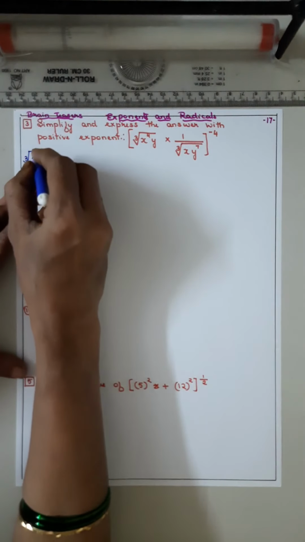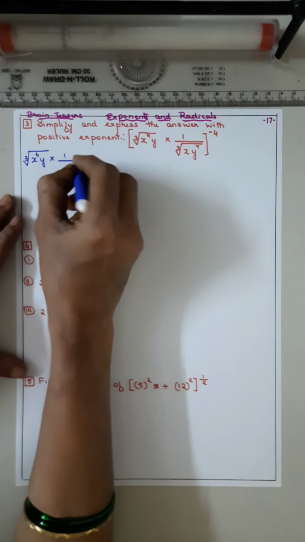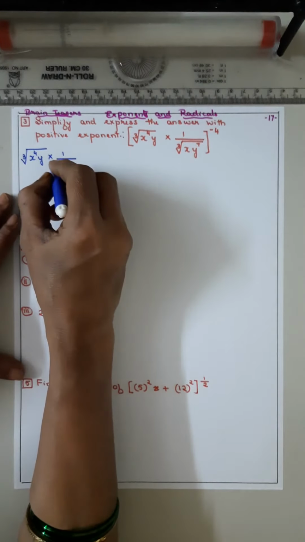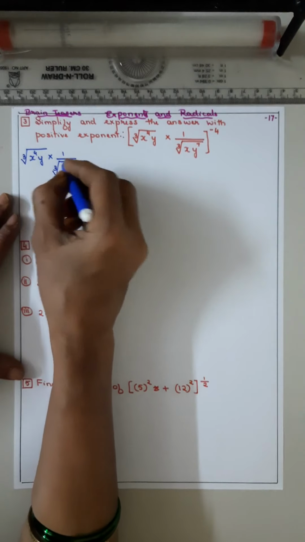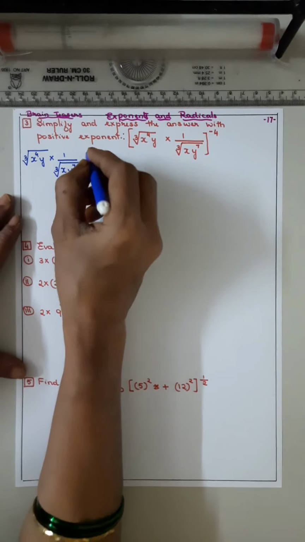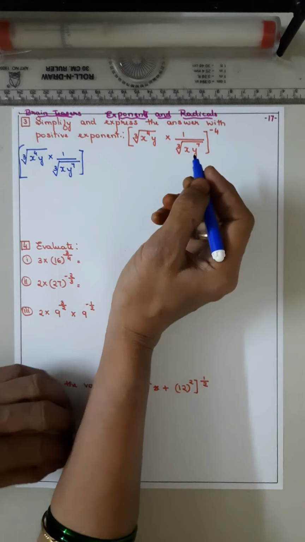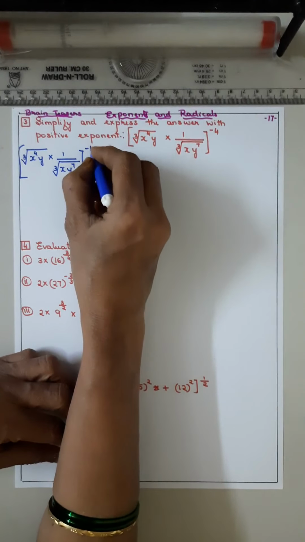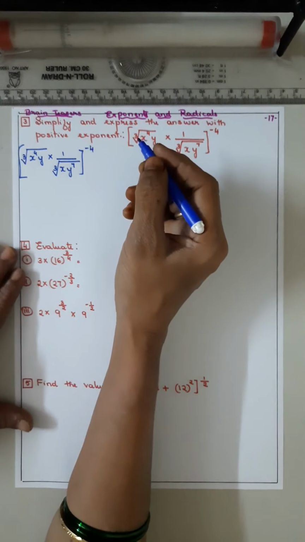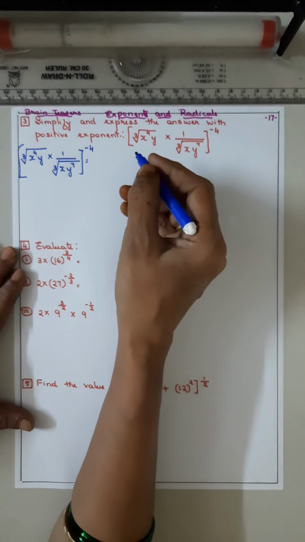x to the power 4 y into 1 by cube root of x y to the power 7. Here also it is cube root to the power minus 4. Okay. Now it is written in the cube root, so convert into the exponential form.